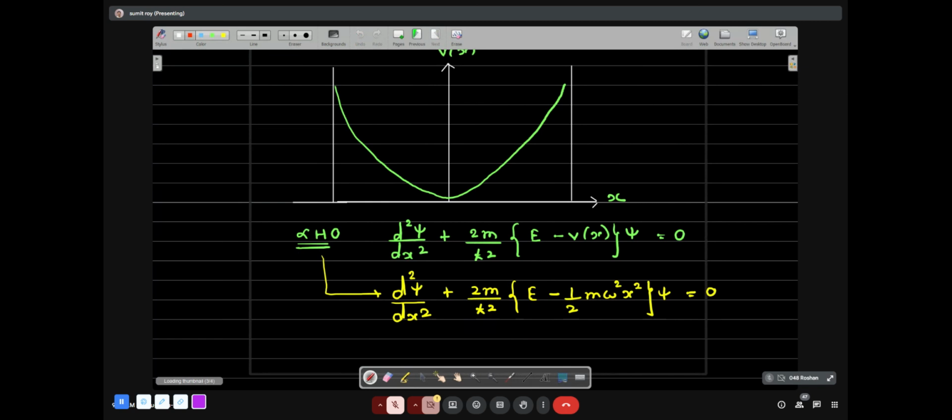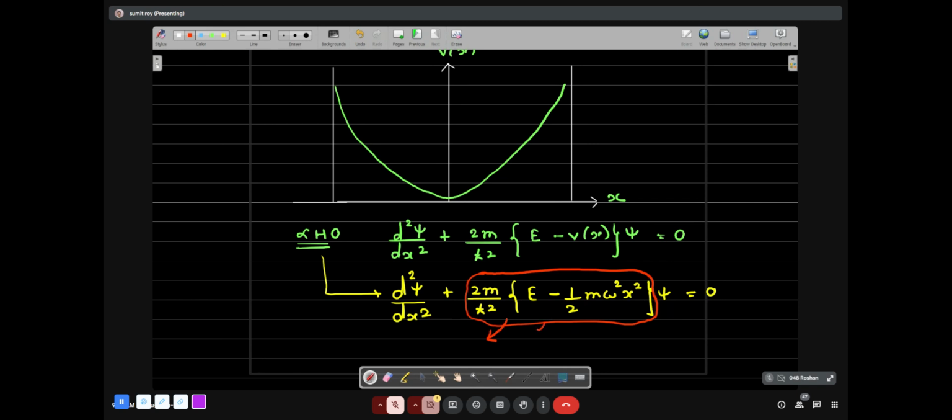Now you come to this Schrodinger equation for a harmonic oscillator. Is this term constant? No, sir. So I cannot substitute this by a constant like k, alpha, gamma, beta or anything.